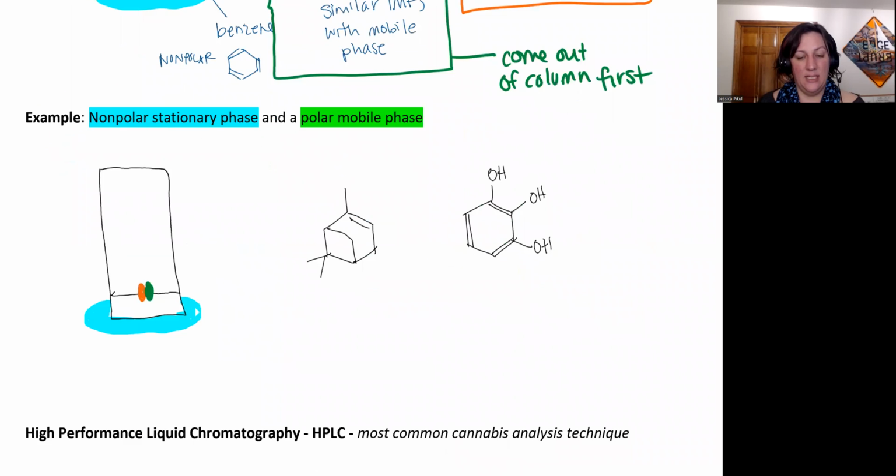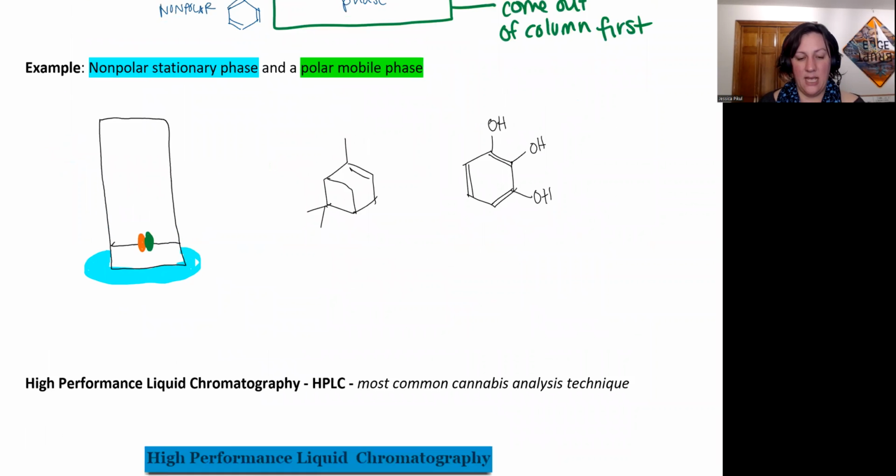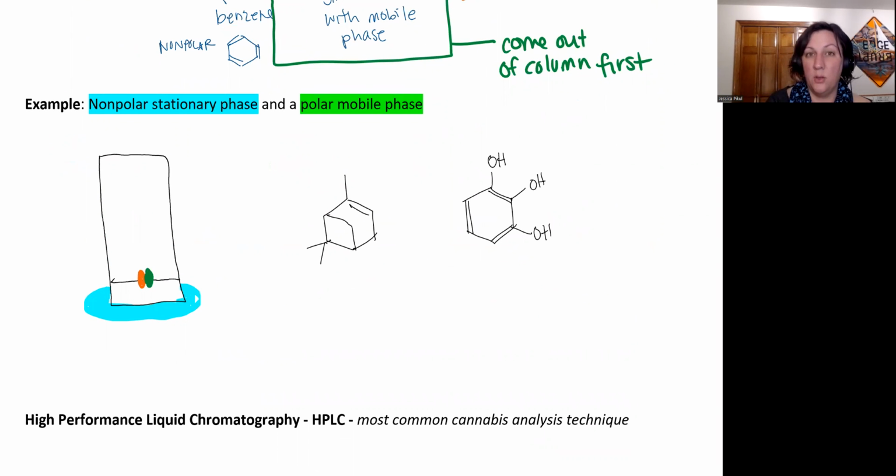All right, let's look at these same compounds, but now let's imagine that we have a nonpolar stationary phase. And so now we can imagine this thin layer or paper is nonpolar. And we're going to have a polar mobile phase. Let's assume it's dichloromethane.